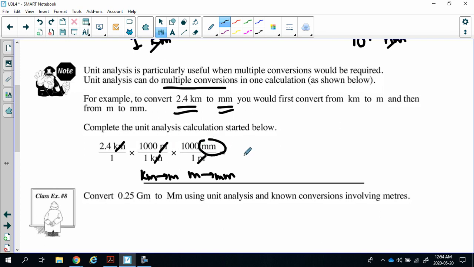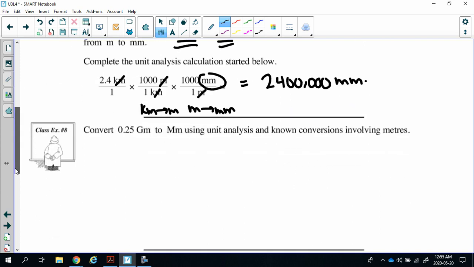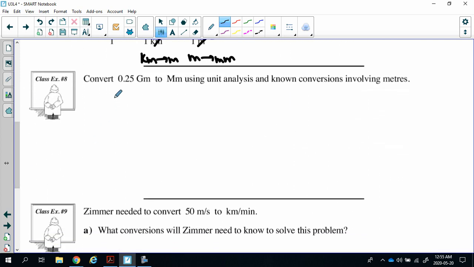When you multiply all that out, you should get 2,400,000 millimeters.